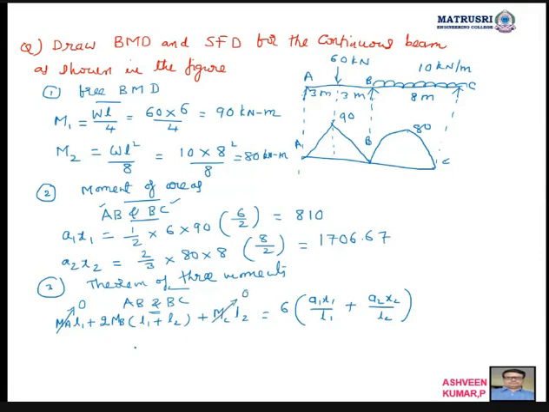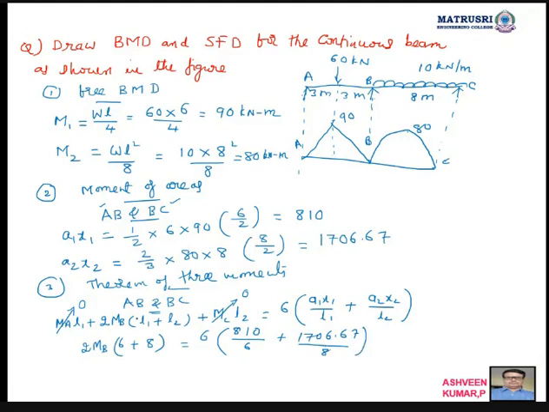So next now only 2 MB into L1 plus L2. L1 is 6, L2 is 8. Then 6 into A1 X1, A1 X1 is 810, by L1 which is 6, plus 1706.67 by 8, where L2 is 8.